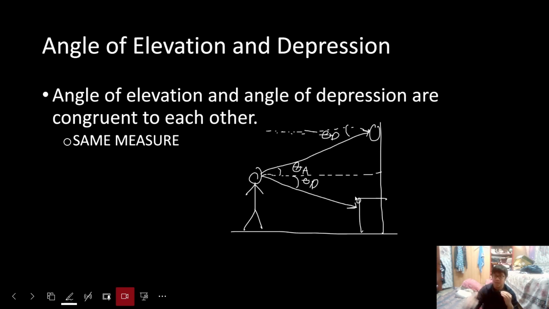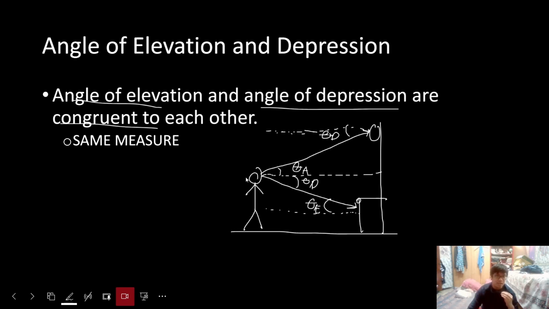Here you can imagine having a horizontal line, and then you will have an angle of elevation. It depends on the points. Just because we know that angle of elevation and depression are congruent to each other, that doesn't mean they are equal to each other. It actually depends.